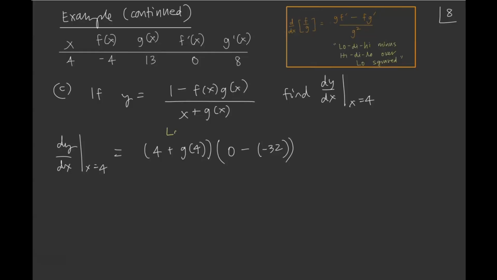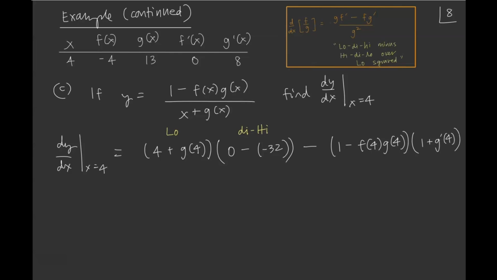So this is low d high, low times the derivative of the high, minus high, which is 1 minus f of 4 g of 4, times d low, the derivative of the low, which will be 1, because that's the derivative of x, plus g prime of 4. So 1 plus g prime evaluated at 4.